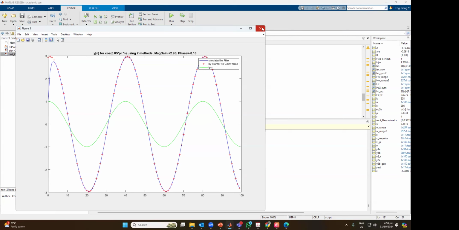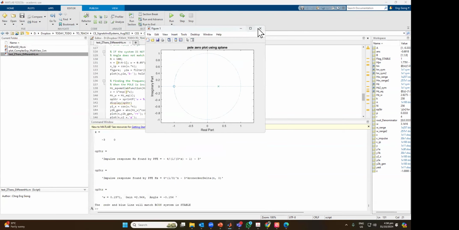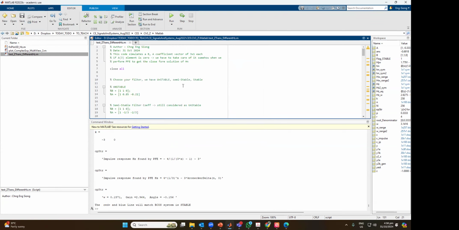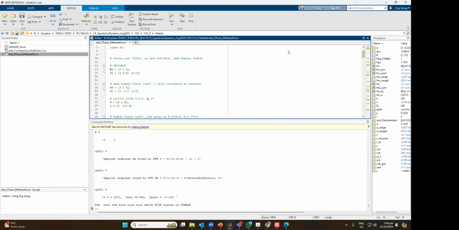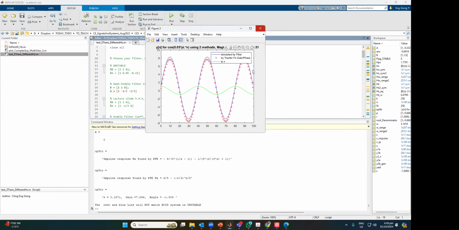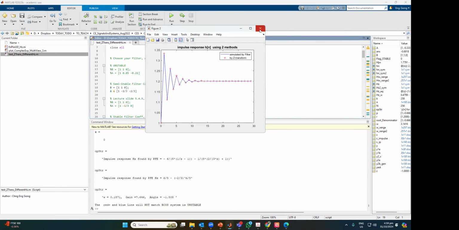Actually, honestly, if you have done all the labs, you'll realize that all you're doing is go there and change the equation, so change the B's and the A's. I change to a different one, I just run, and now I get different values, whatever values I want. That's it. So this is the impulse response.